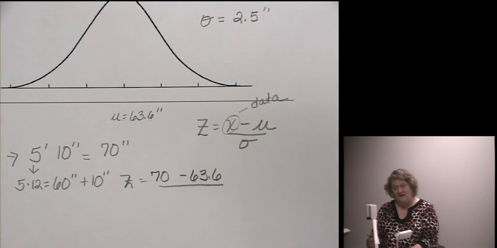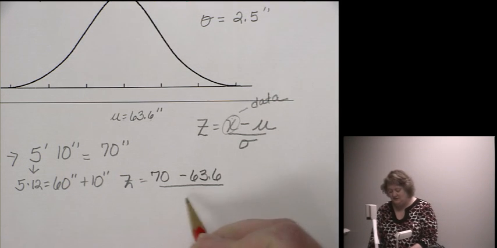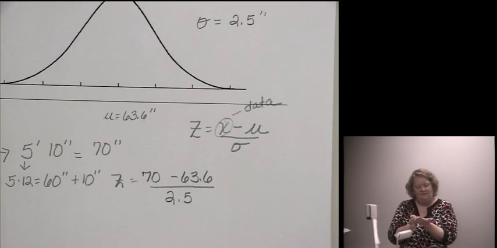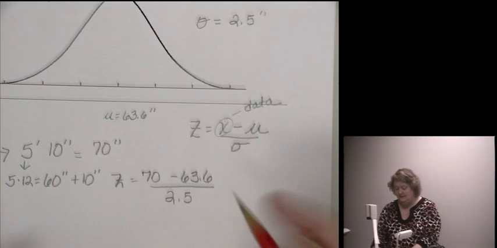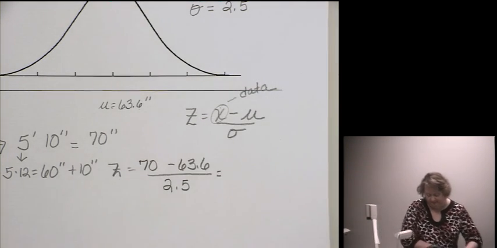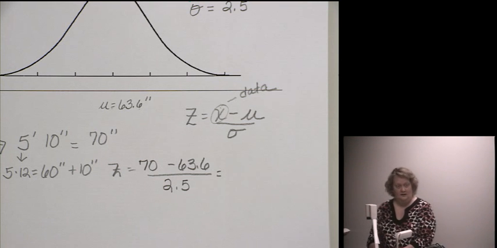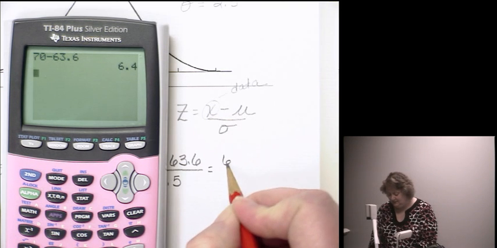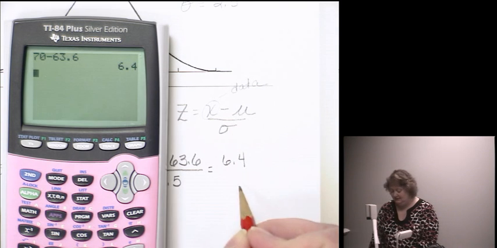Then we want to divide that by the size of the standard deviation, the size of the jumps, the size of how we divided them up. We said that every group is 2.5 inches. So we're first going to subtract. I'll bring my calculator here. 70 minus 63.6 gives me 6.4 inches.